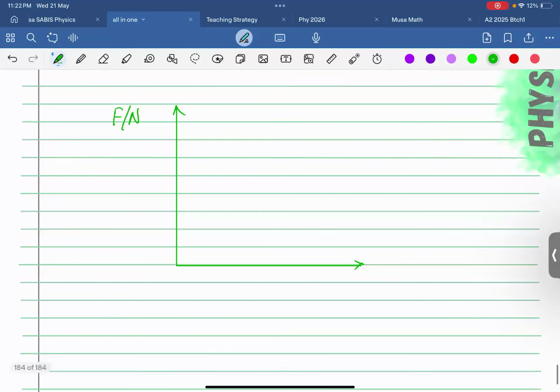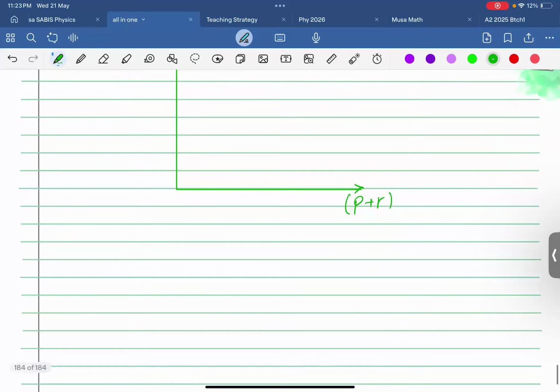And the graph of P plus R on the x-axis, and I wish P is also the distance, and R, where is R? It should be R should also be the distance. I wish so. Record the diameter. Okay, so it's also the distance.